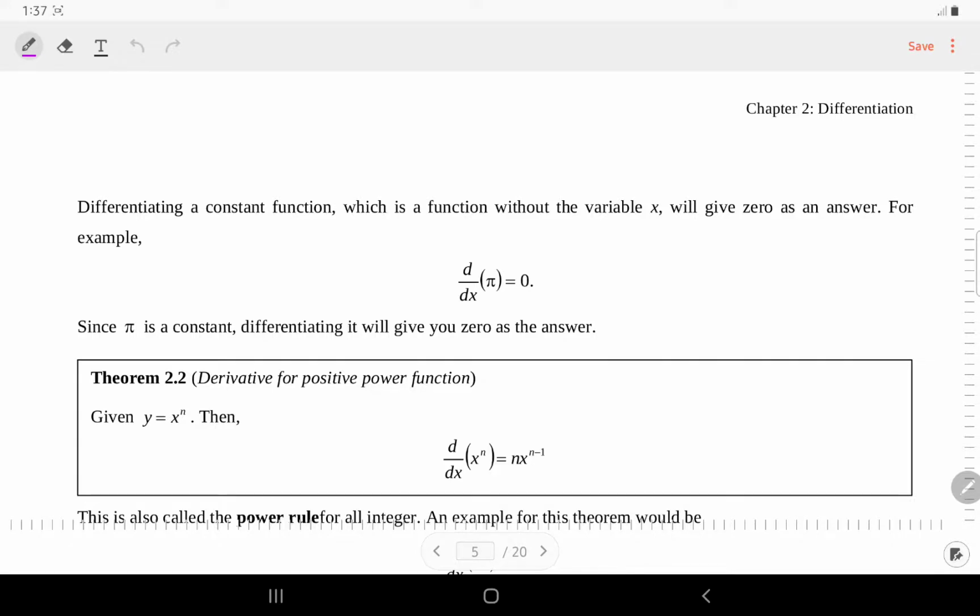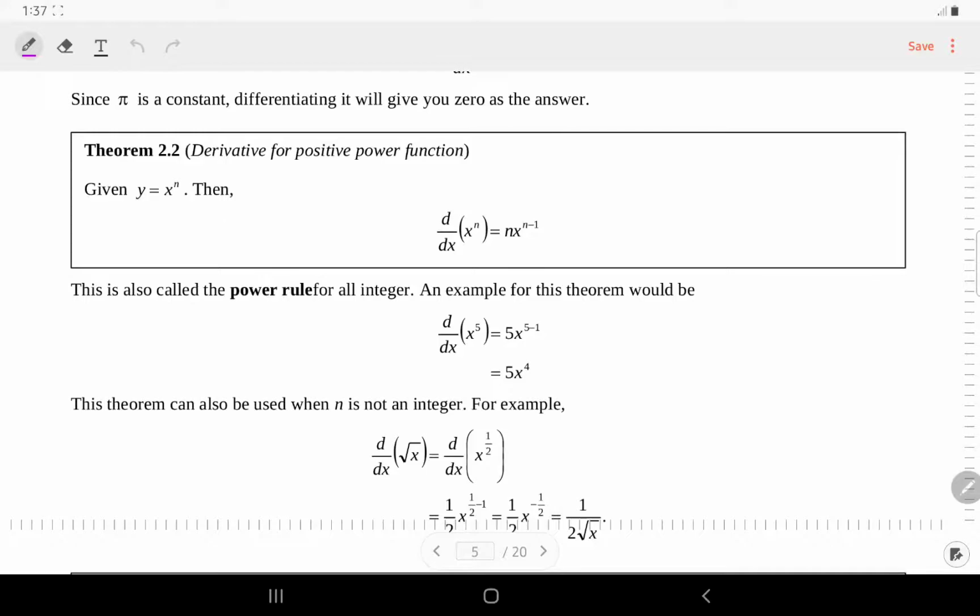Okay, all of that functions, if we differentiate them, okay, it will become 0. Okay, same with this function. Okay, function of pi. So pi pun constant, okay, but it is equals to 3.14 something. So if you want to differentiate the function of pi, it also will become 0.